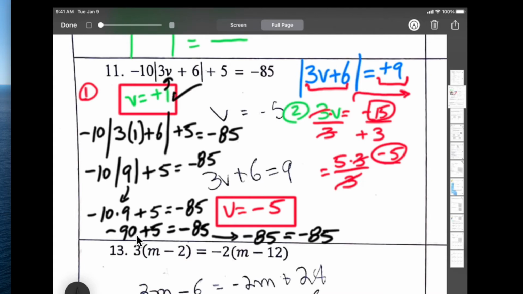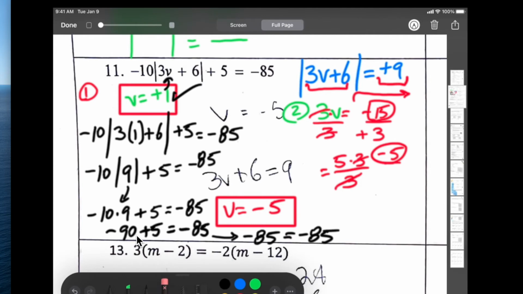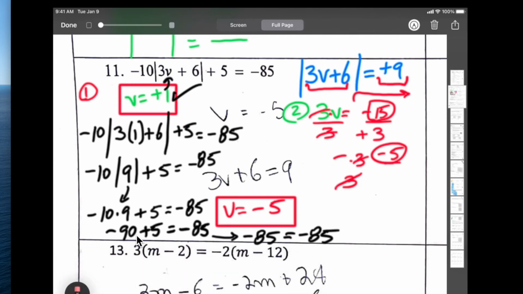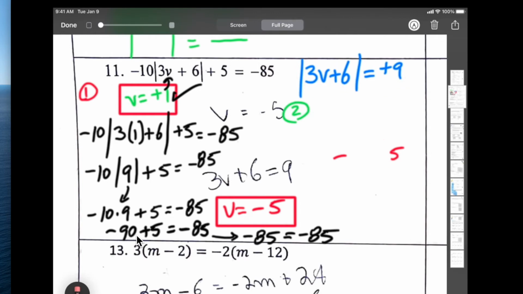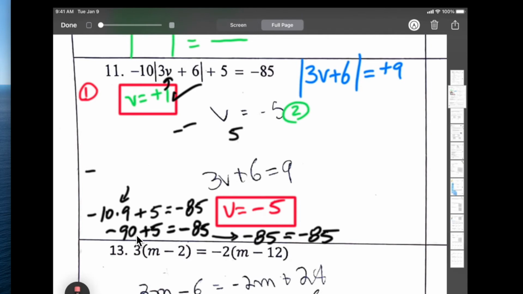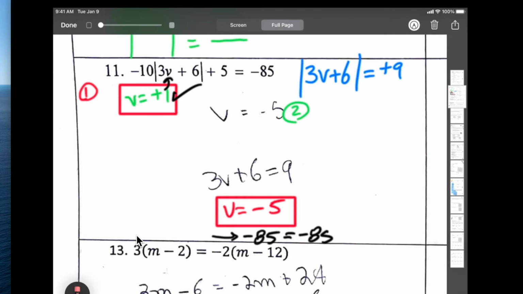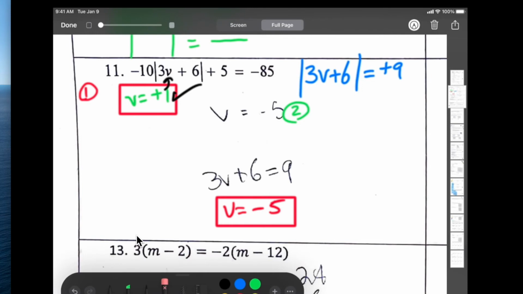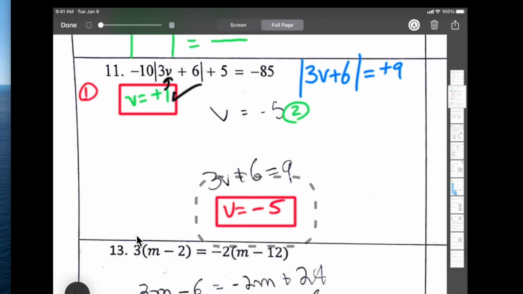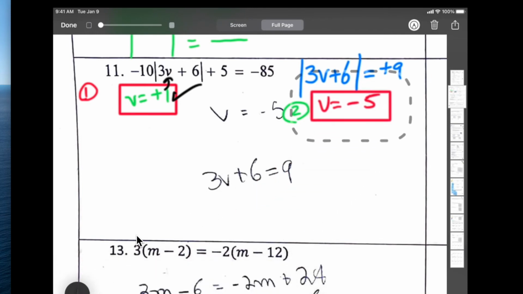Okay, we're going to do the same thing with the other one. Okay, v equals negative 5. We're going to take v equals negative 5, and we're going to plug that back into the original equation.